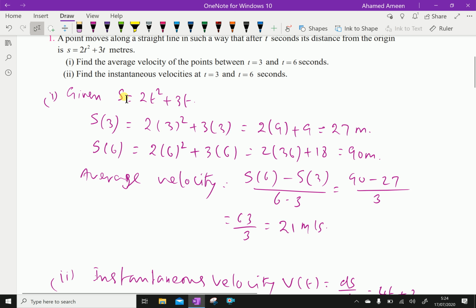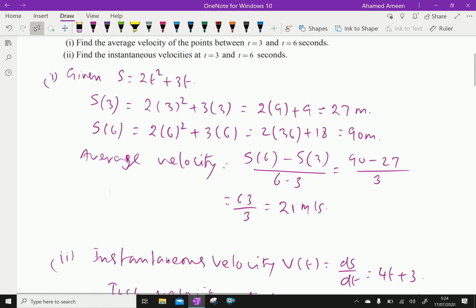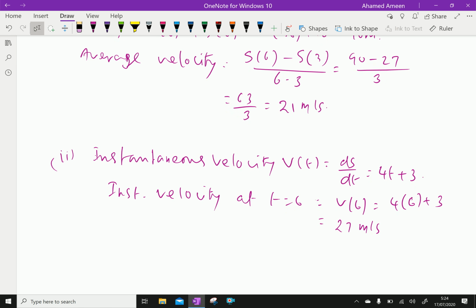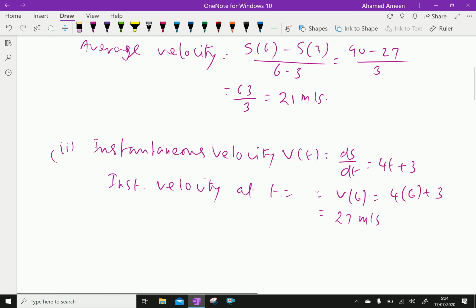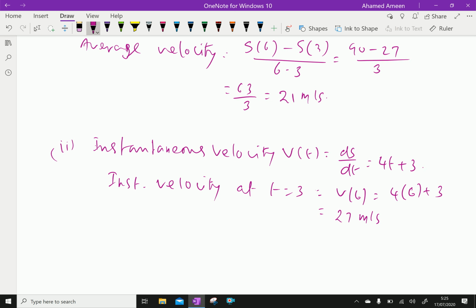The second part: first, t equal to 3 seconds, we have to put 3 here, and here also 3. 4 3s are 12, 12 plus 3 is 15 meters per second.